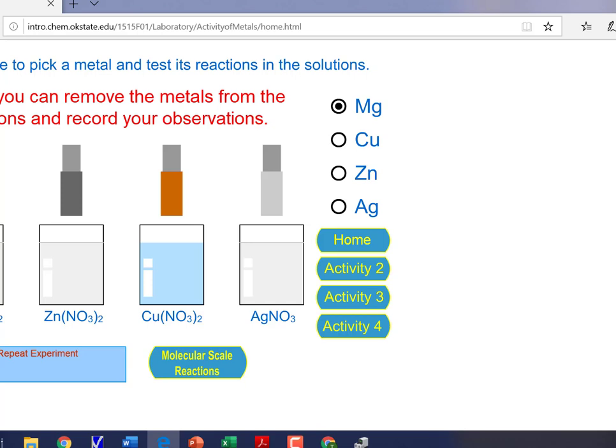But the fact that magnesium replaced zinc tells me that magnesium is higher on the list than zinc is. Magnesium's more active because it didn't end up alone. The more active one changes. If it's by itself and it changes, it's more active. If it's by itself and it doesn't change, it's less active.